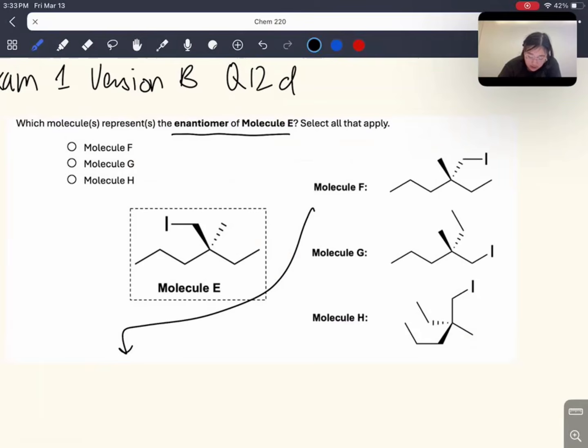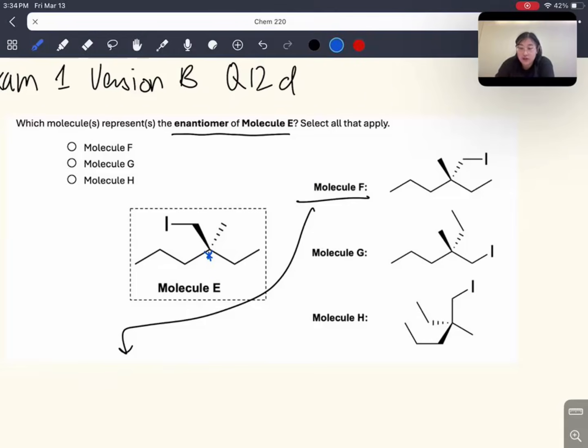But there are two ways to do these kinds of problems if you have a chiral center. This center is chiral because you have four different substituents bonded to it. There are two different ways you can do this. Either you can assign R/S chirality to figure out if the molecule is the same or an enantiomer, or you can rotate the molecule and figure out spatially whether or not it's the same molecule.